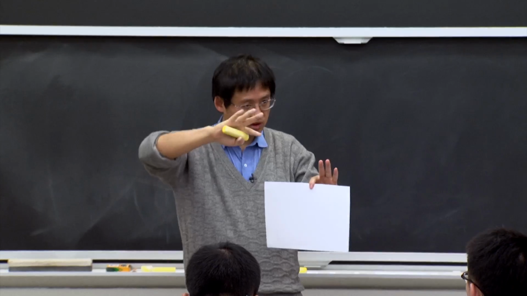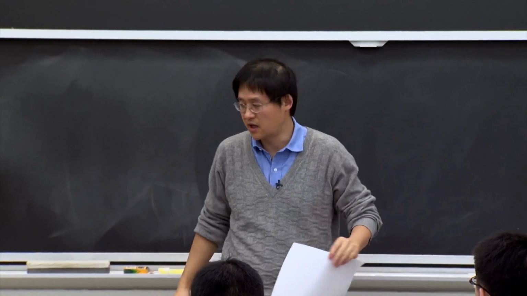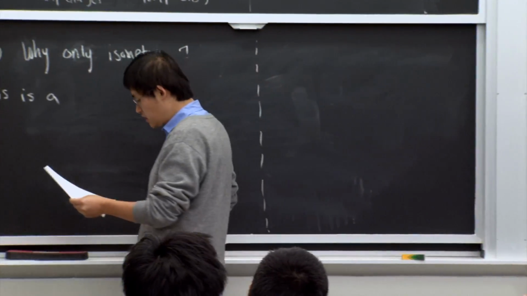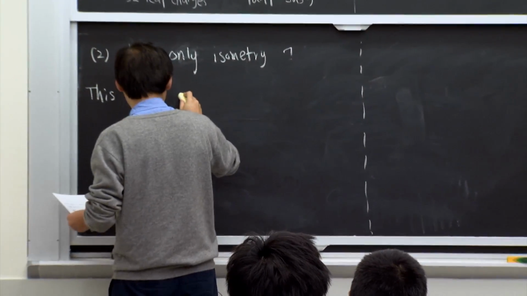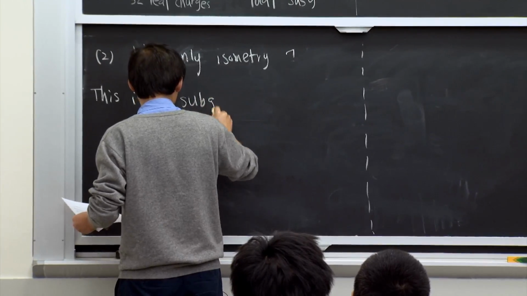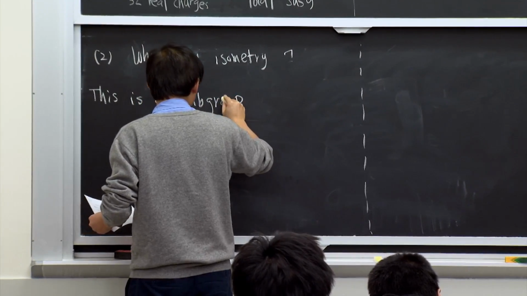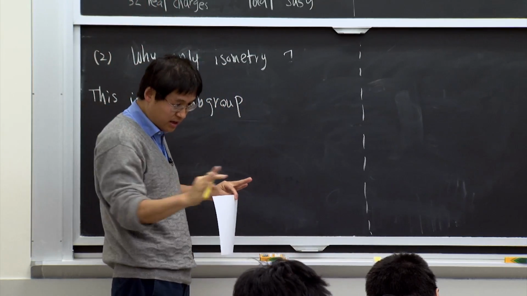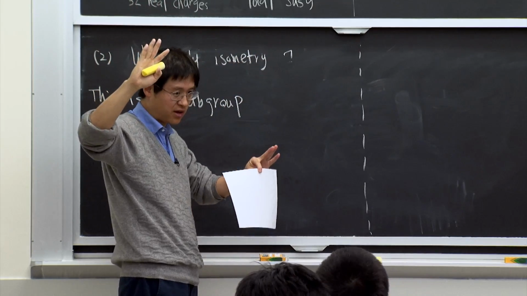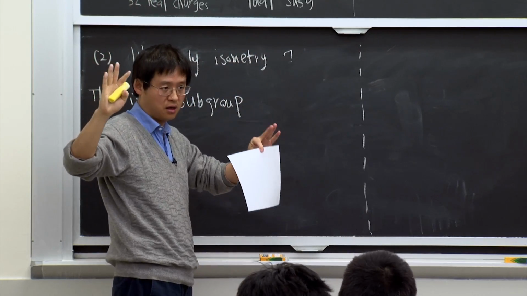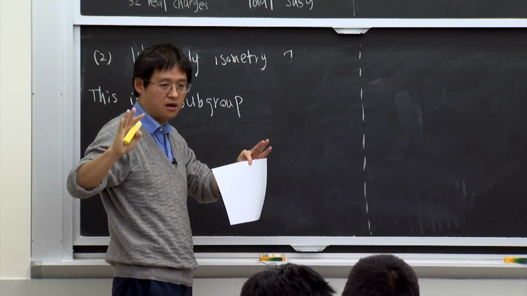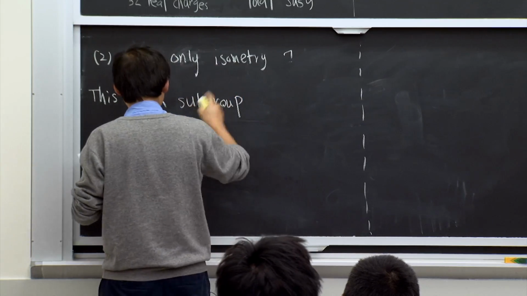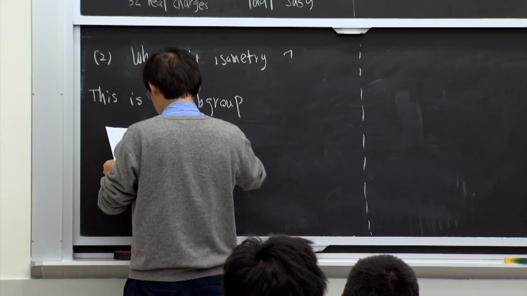Because as a quantum theory, the space-time can fluctuate in the middle. But nevertheless, AdS5 times S5 specifies the asymptotic geometry of the space-time.